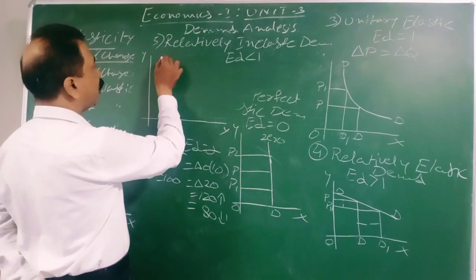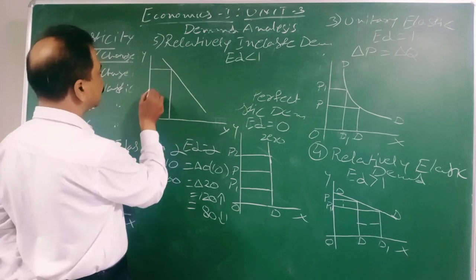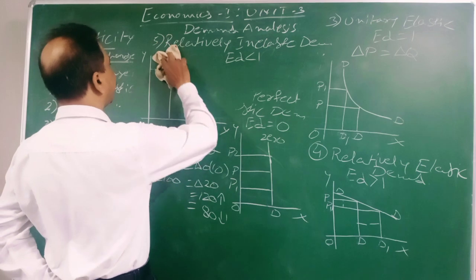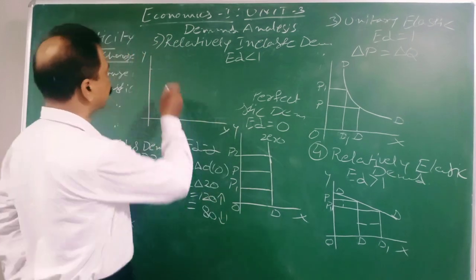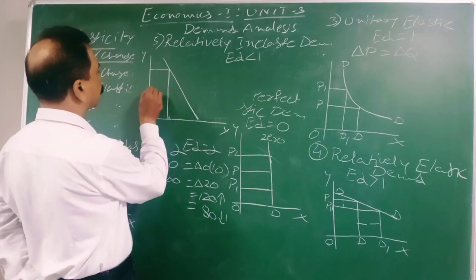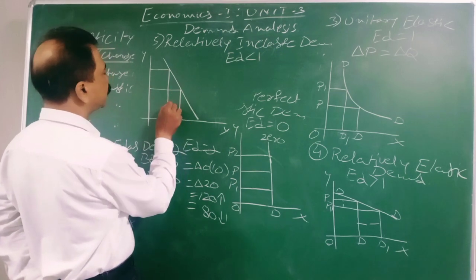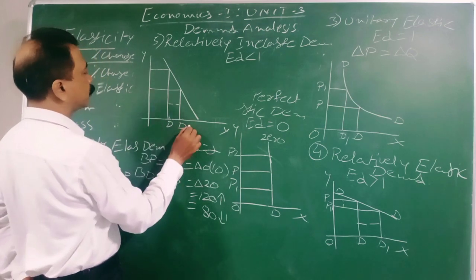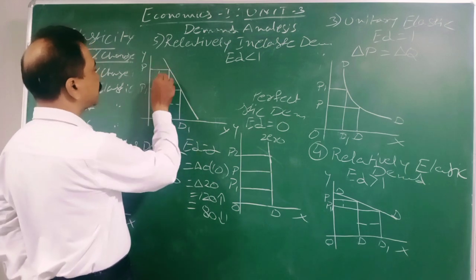So here we will watch that the change in the price is greater, but the change in the demand is less. In this one, very clearly we can watch the change in the demand is less than the change in price.